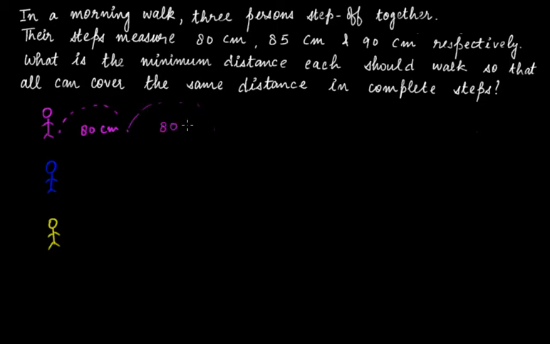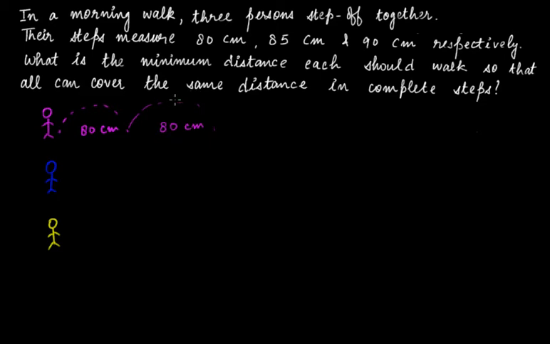So this is the step measure, and similarly for person B and person C. So this way. The question is, what is the minimum or the least distance each should walk so that all can cover the same distance?